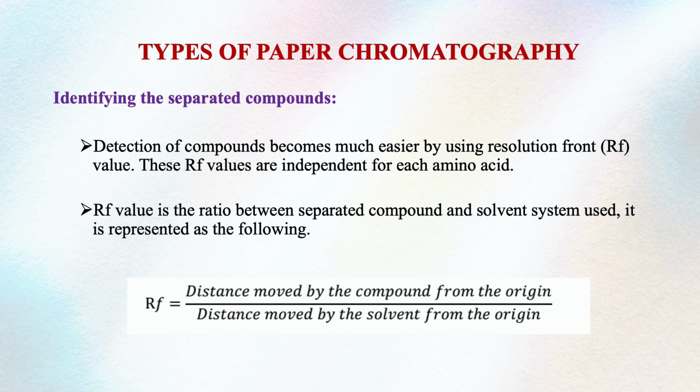The RF value relates the distance moved by the compound from the origin and the distance moved by the solvent from the origin. By taking these two values and putting them in this equation, you get a specific value. That value will help you understand the particular molecule that has been separated in this technique.